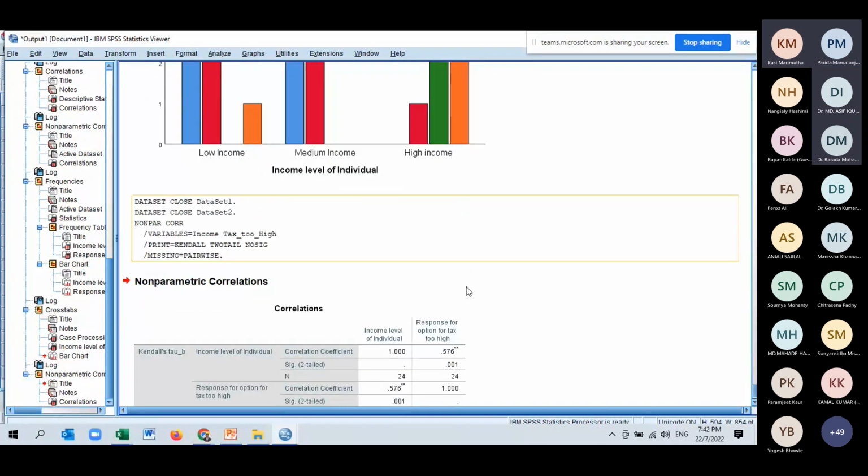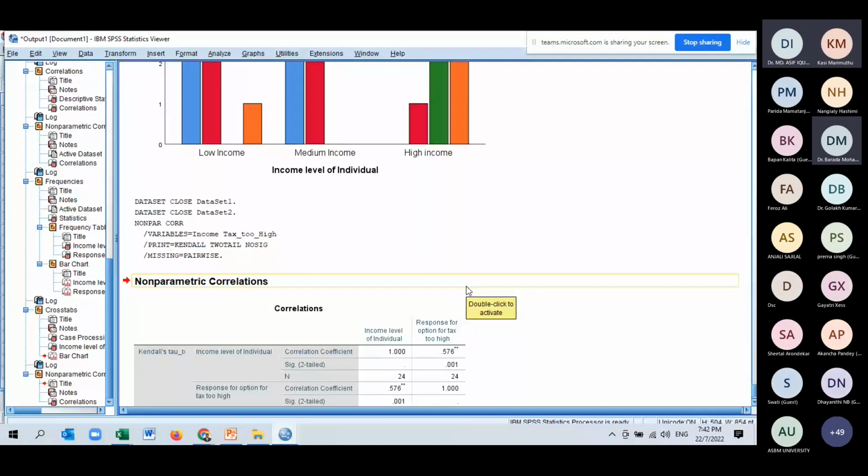Sir, I think this result came just due to the data we have here. Otherwise, a person who has low income will certainly disagree with the income tax.